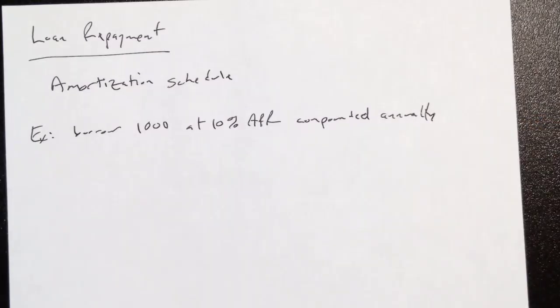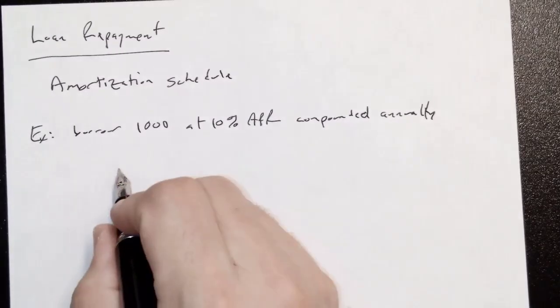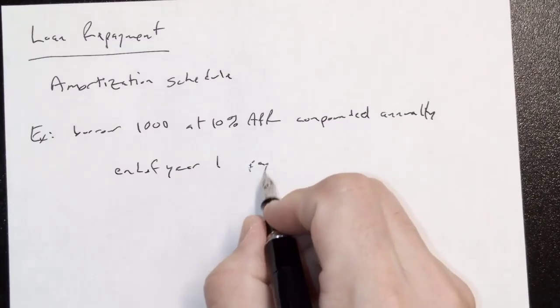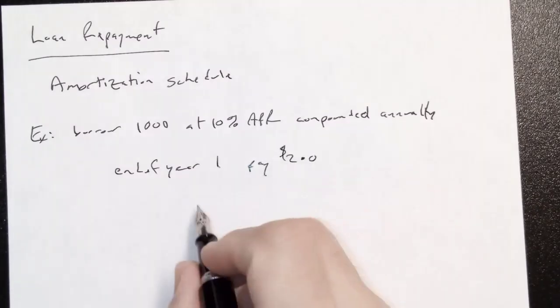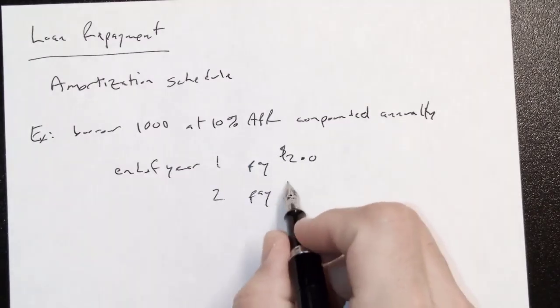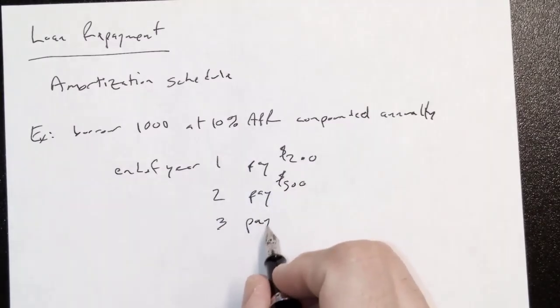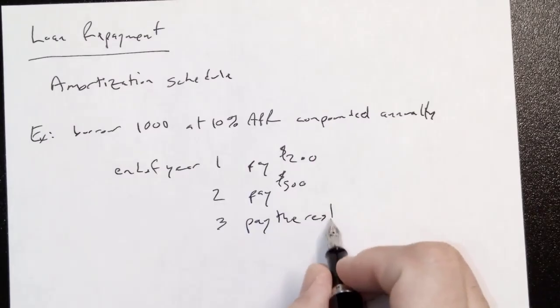So there's no conversion factor to work on at this point. And here our payments are based on convenience. So at the end of year one, you pay $200. At the end of year two, you pay $500. At the end of year three, you pay the rest.